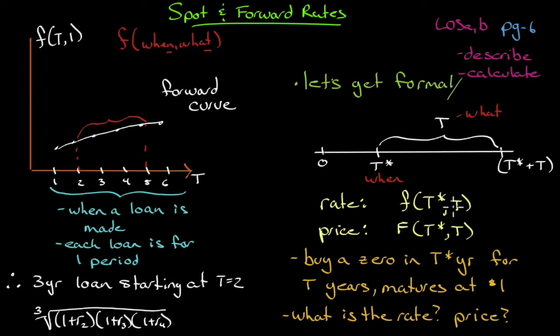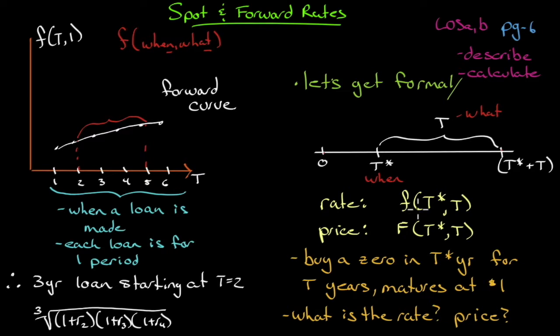So when we talk about a forward rate, we're using lowercase f, T star, T. When we're talking about the price that we will pay, that's the rate. If we want the price or the discount factor, we use a capital F, T star, T. So we can buy a zero in T star years for T years that matures at $1. What is the rate and what is the price?